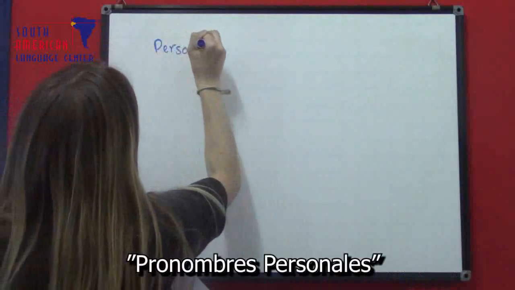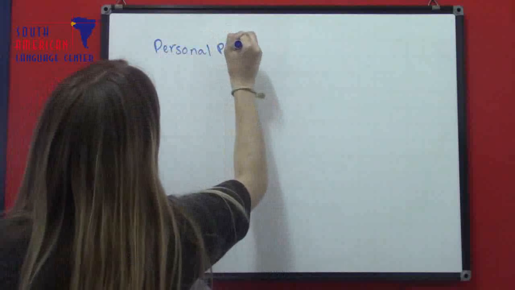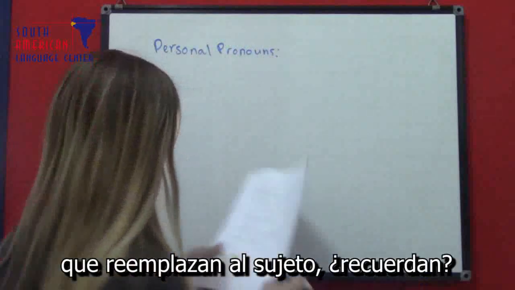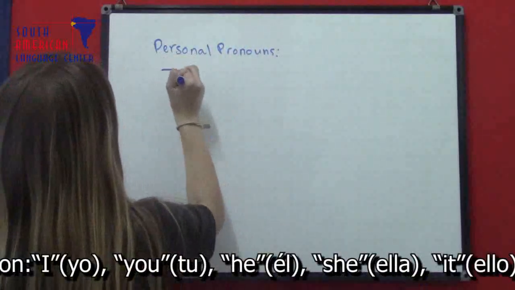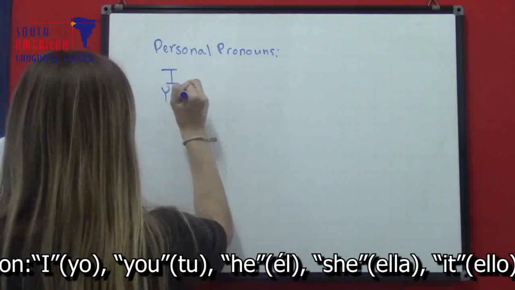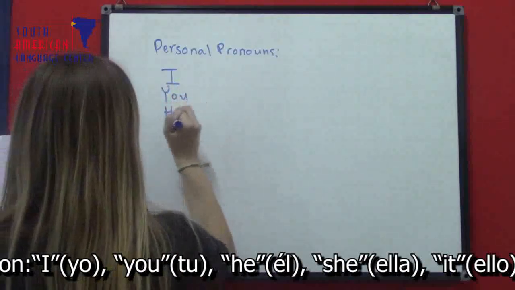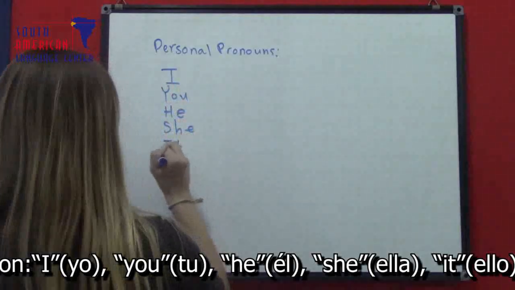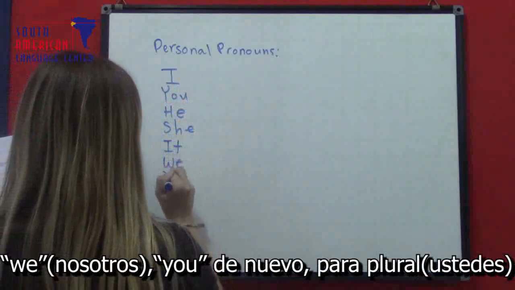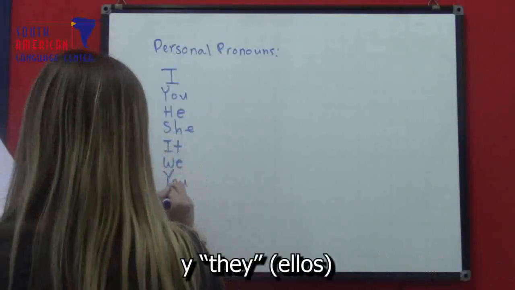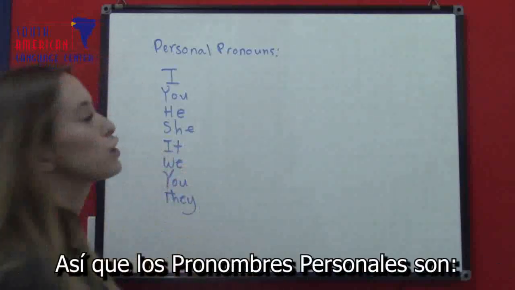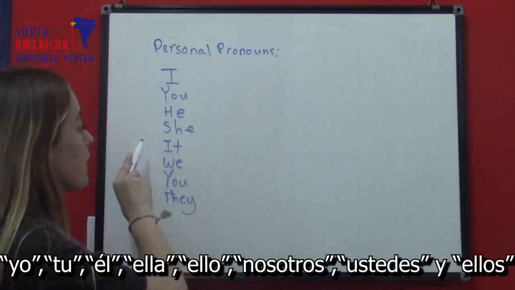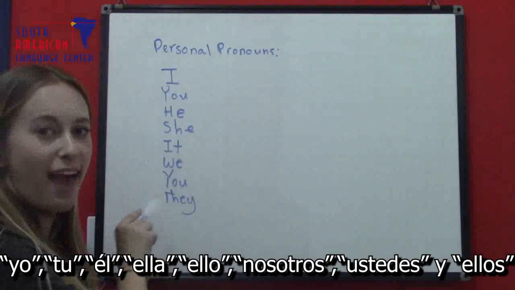Personal pronouns that replace the subject, remember, are I, you, he, she, it, we, you again for plural, you, and they. So the personal pronouns are I, you, he, she, it, we, you, and they.